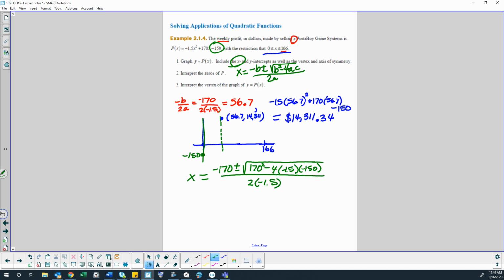So when you're using a calculator to do something like this, because of this plus and minus, you want to put it in your calculator twice. Once with plus and once with minus. The other thing you want to do is you either need to put parentheses around this part before you divide, or you need to actually hit enter before you divide the bottom.